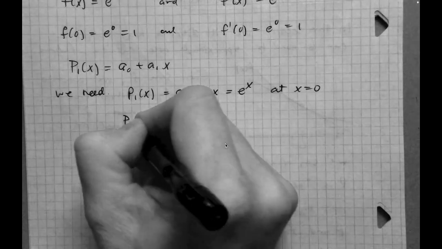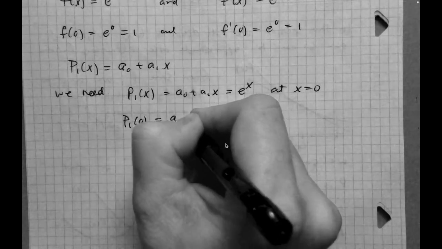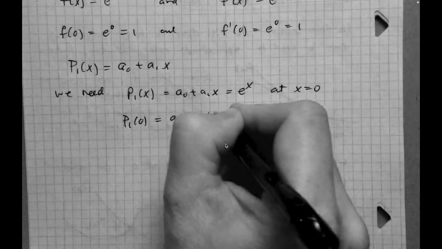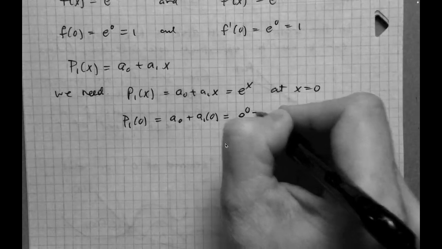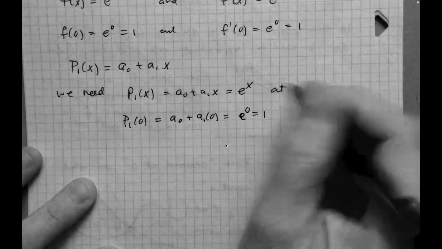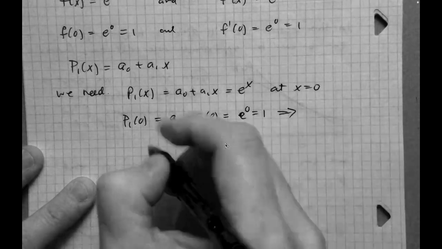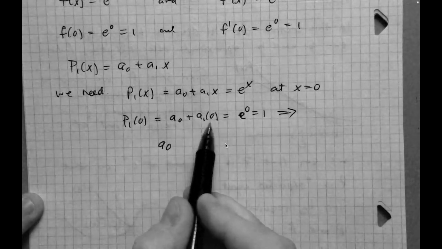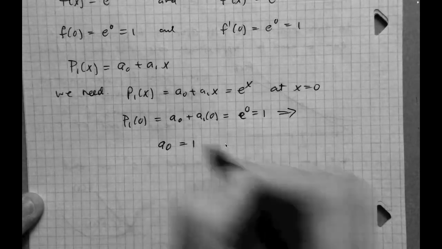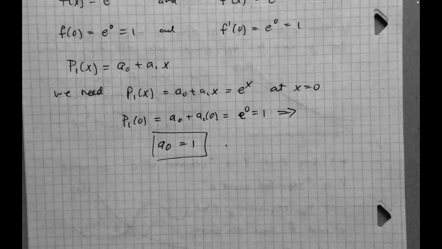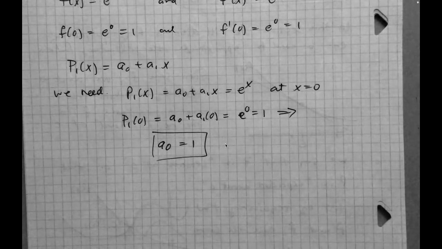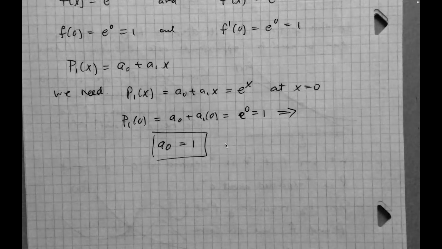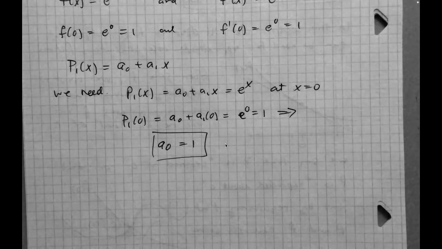P1 of 0 equals a0 plus a1 times 0, which is equal to e to the 0, which we know is 1. Right? And so what we get is a0 plus 0 is equal to 1. So that means at least the a0 coefficient needs to be 1.